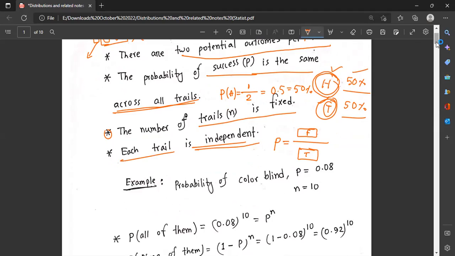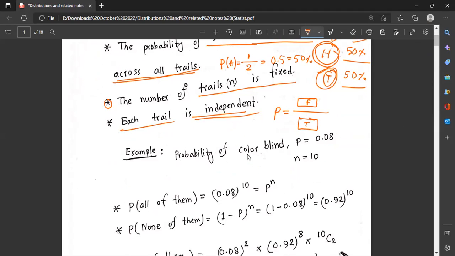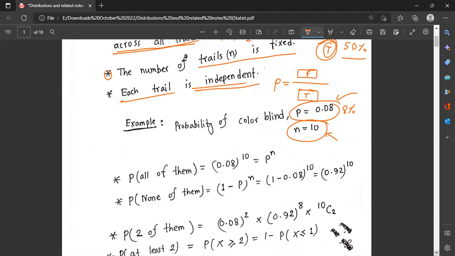Let's see an example. The probability of being colorblind is 0.08, and here we have 10 people. We have 10 people, and the probability of being colorblind is 8%. Okay, 0.08 means 8%. The first question here is the probability that all of them are colorblind.